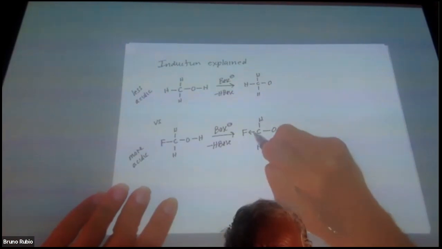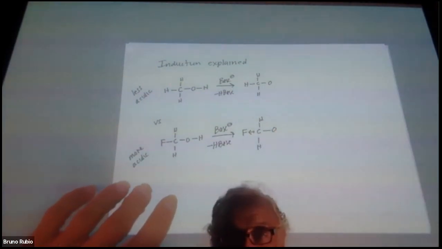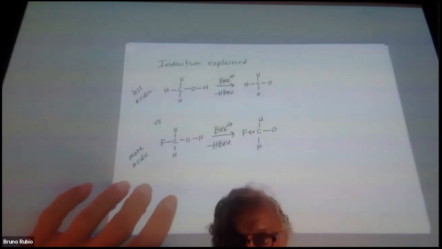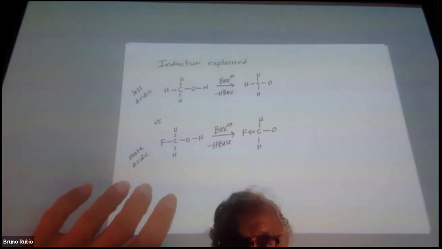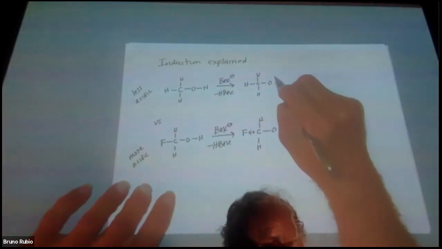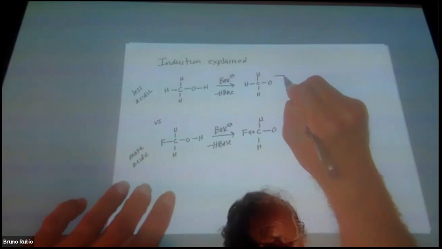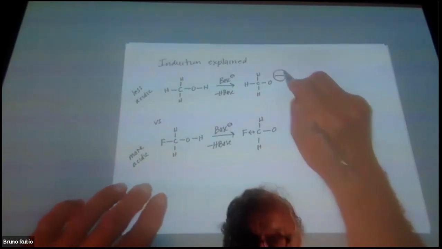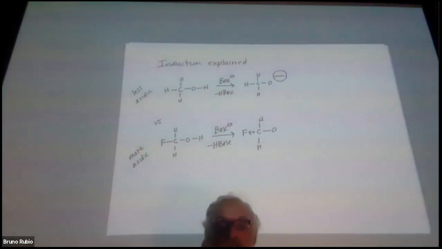I'm going to symbolize that with that little arrow, meaning electron density is being removed. So now when it comes time, finally and at last, to draw that negative charge on that oxygen, I'm going to draw a big, huge, humongous negative charge on that oxygen, showing that there is nothing sucking that negative charge away.